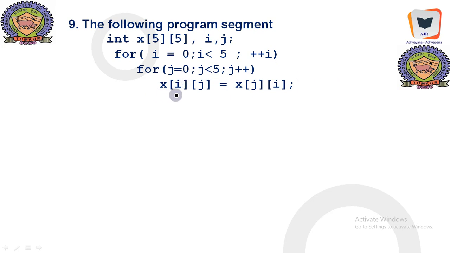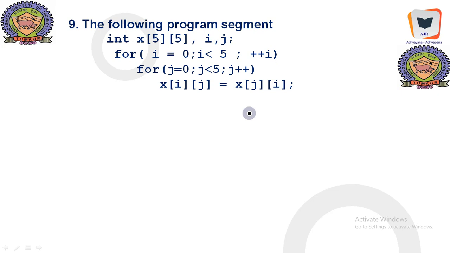Therefore here the statement that is written over here, x[i][j] equal to x[j][i]. So x[i][j] means 0,0; 0,1; 0,2; 0,3; 0,4. Here it is 0,0; 1,0; 2,0; 3,0; 4,0. Therefore 0,1 will become 1,0, okay, 0,2 will become 2,0, something like this.